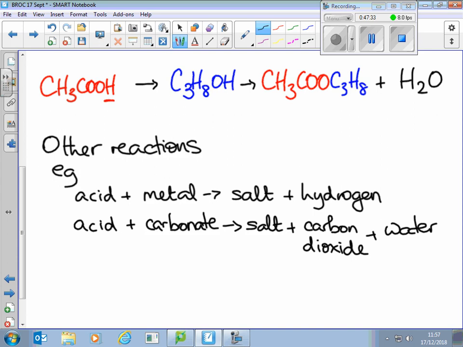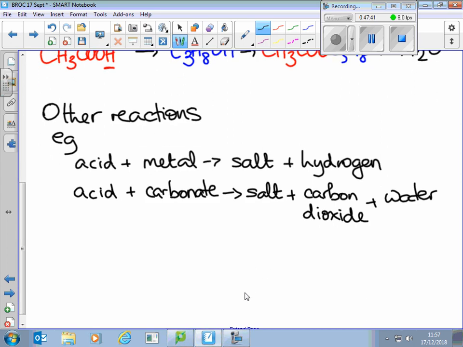It doesn't have to be an alcohol. You could similarly react it with copper oxide or potassium hydroxide, and you would get the same effect as we have had with the inorganic one. So acid plus base gives salt plus water. And these are known as salts. These are not esters. An ester is only what you get when you react together a carboxylic acid with an alcohol.